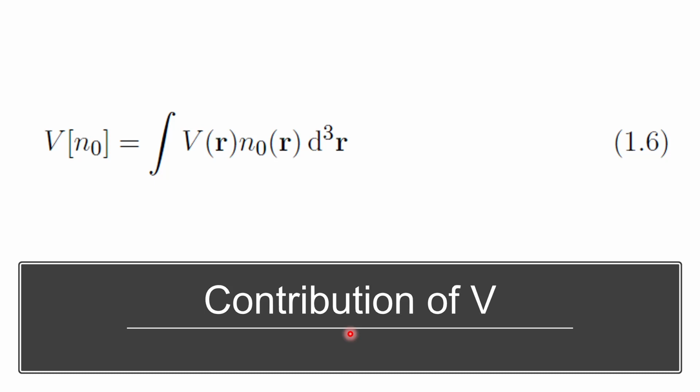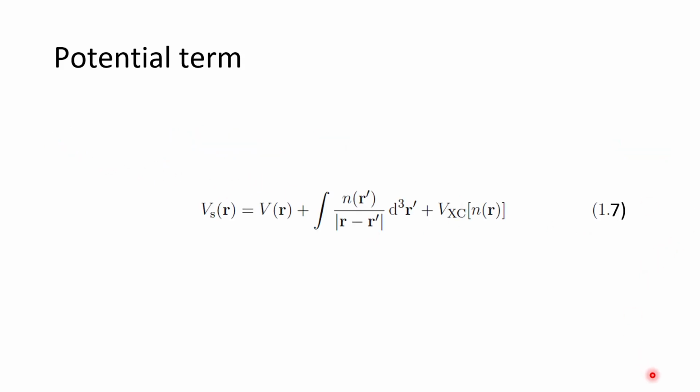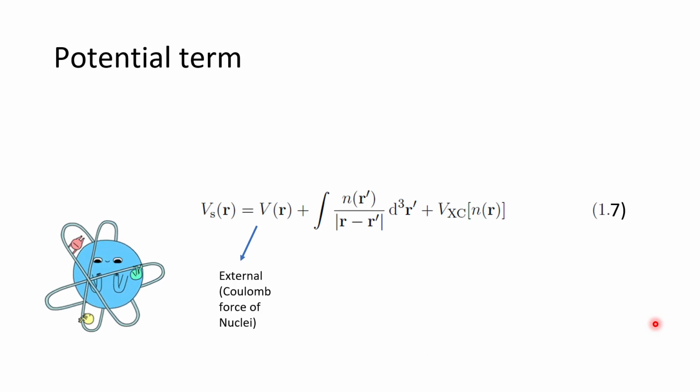So we'll focus first on the contribution of V, which is now a function of the ground state electron density. Let's focus on the potential term. We'll call it V sub S. The first one is the external Coulomb force of the nuclei.